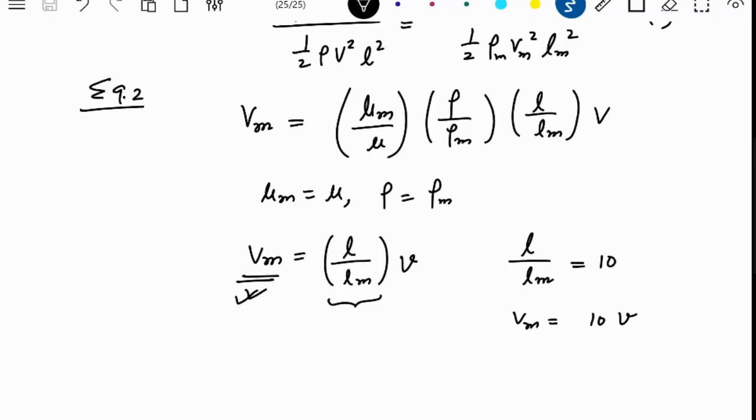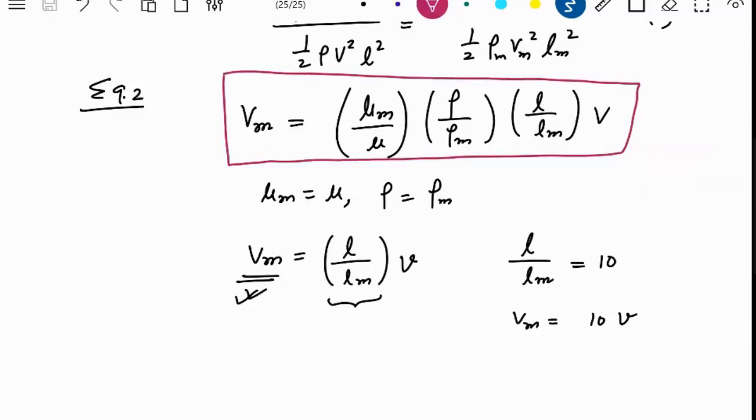Now see, there are two possibilities. If you see this equation, even if I have reduced the length scale very much, I can still reduce the Vm. What we can do is, if I'm reducing this L by Lm, then to compensate, I can increase rho by rho m, or I can increase mu m by mu.